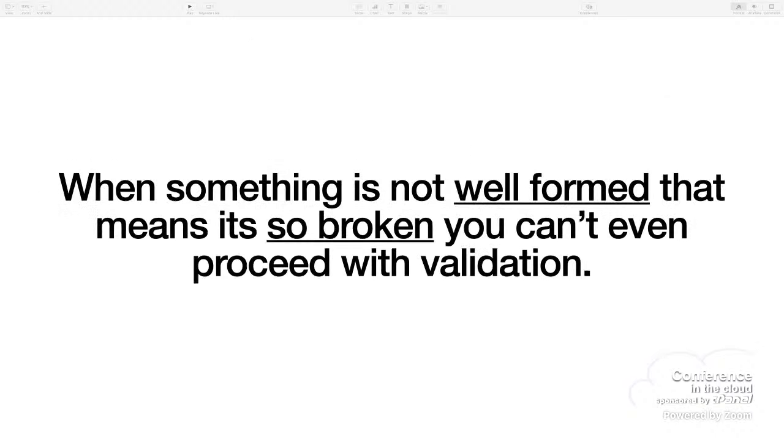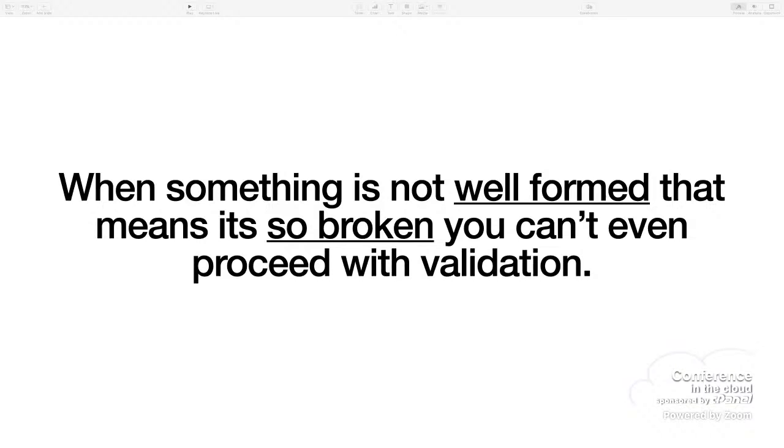The easy way to understand the difference is if something is not well formed, it's completely broken and you can't do validation at all, right? Let's say you're validating data coming in from some web forms, or data that's coming in via a JSON post.